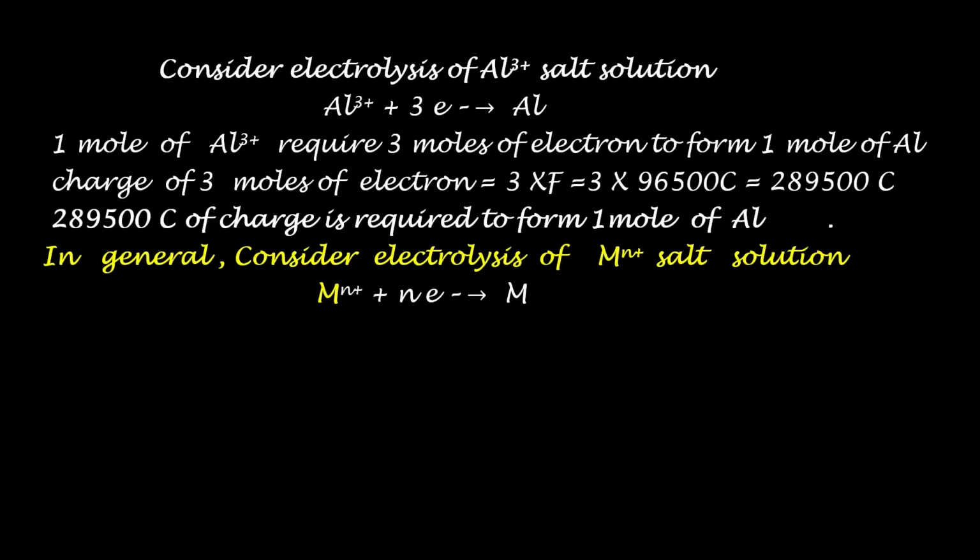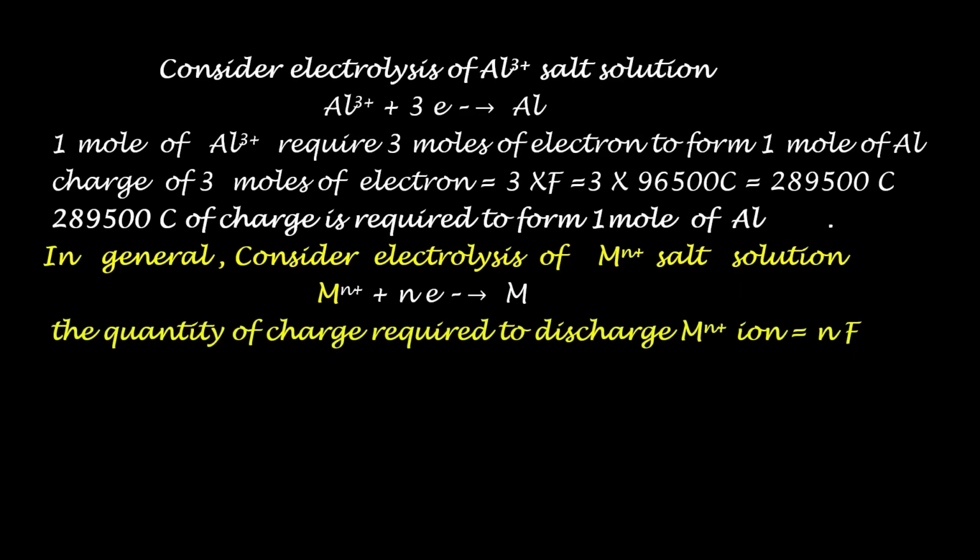So the quantity of charge required to discharge Mn+ ion will be equal to n into F. This is the generalized formula that you can remember to find the charge required to discharge Mn+ ion at the cathode. That will be equal to nF or n Faraday. If we convert that into coulombs, that will be 96,500 into n coulombs, because 1 Faraday equals 96,500 coulombs, so n is multiplied with 96,500 coulombs.